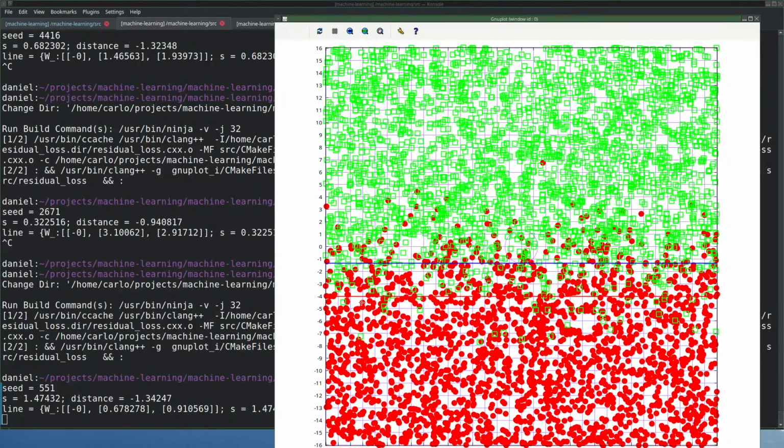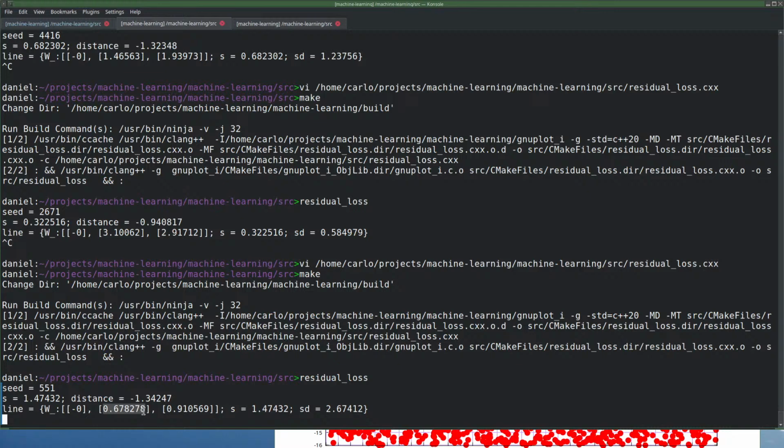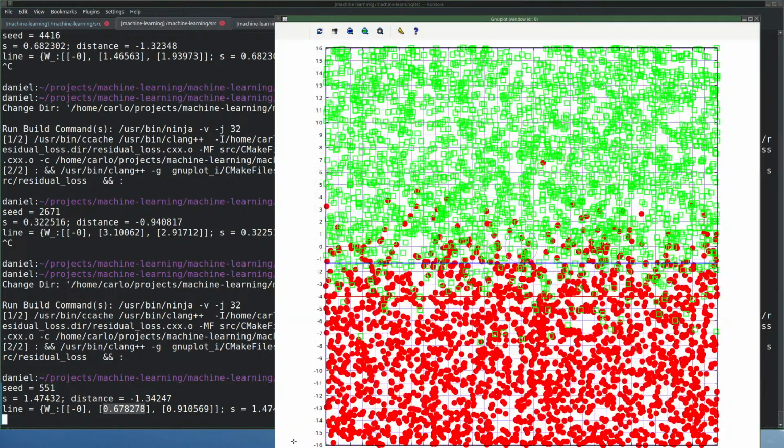Now you see that the red line is in the red zone and the green line is in the green zone, and the green is on top, while the normal is positive, pointing upwards into the green zone. That everything is correct in this image.